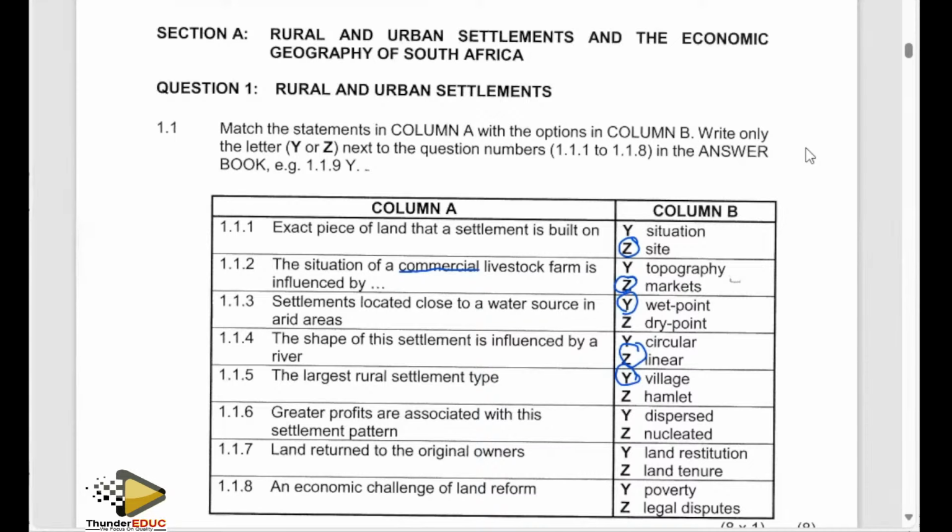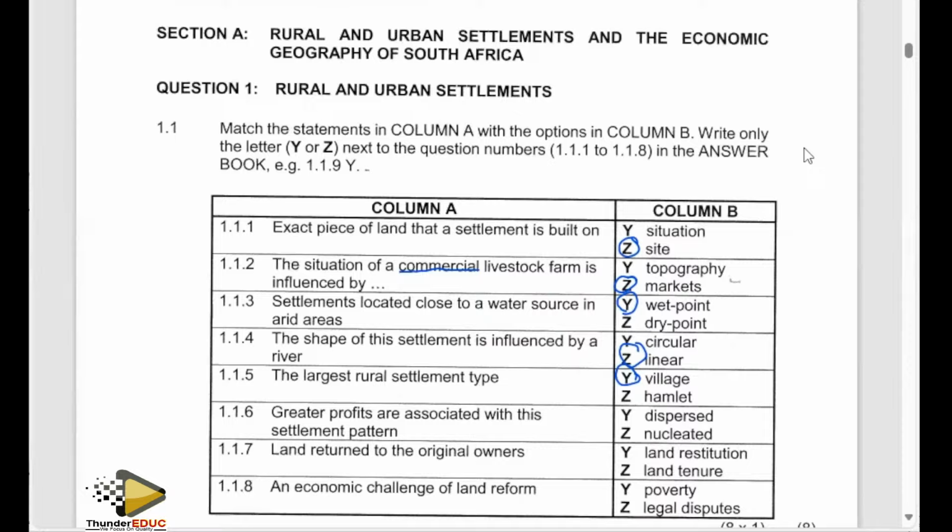To move on to the next question, greater profits are associated with this settlement pattern. We are looking at profits here. Which one gets more profits, a dispersed or a nucleated pattern? With a dispersed pattern, the farmer is located away from others on his or her own piece of land, doing his or her own production.